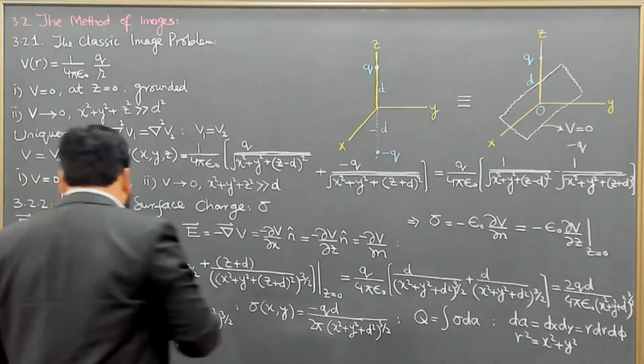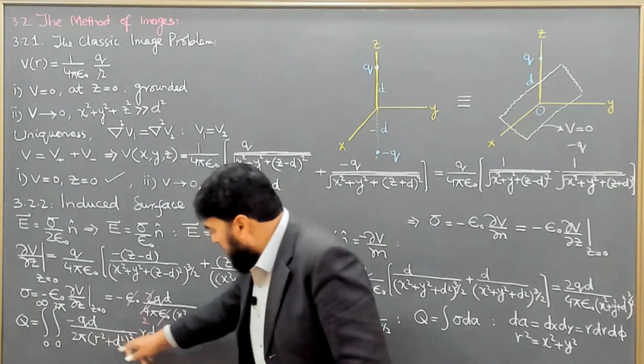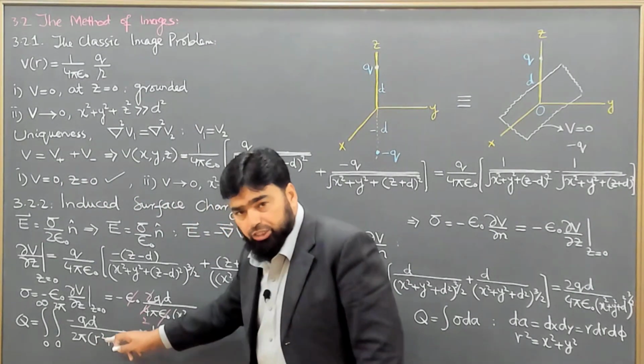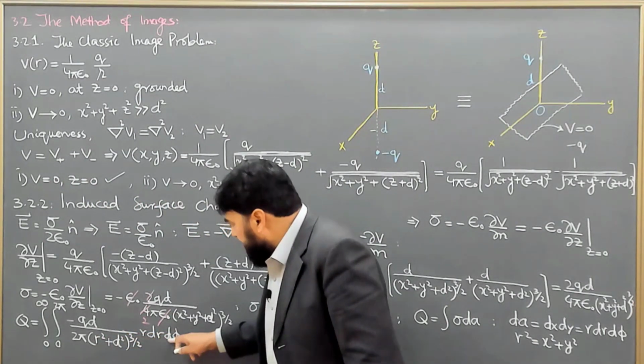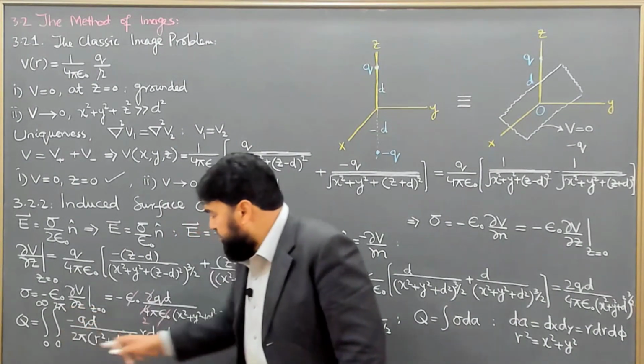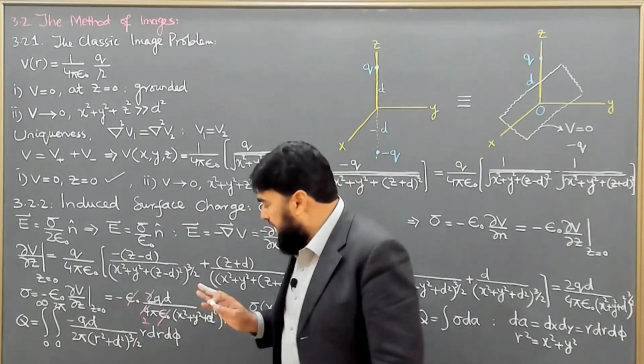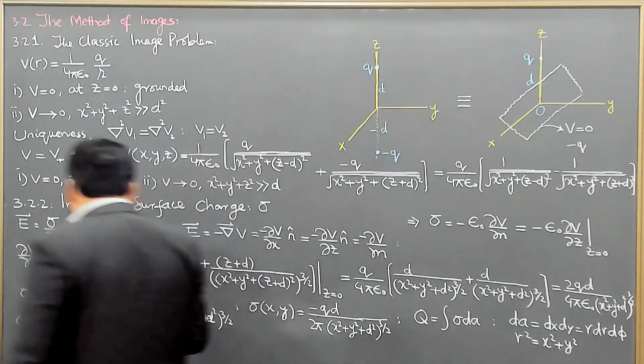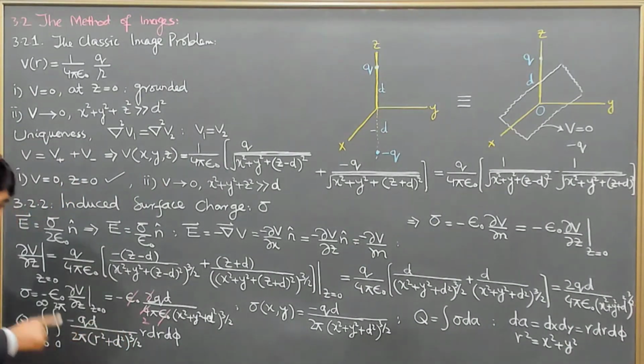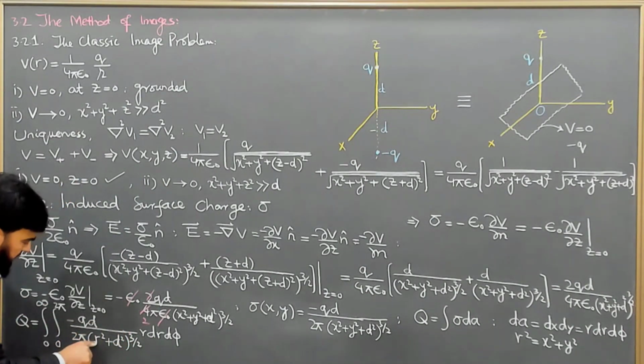Now I know that there is no phi involvement here, so no integration on phi. So d phi when integrated from 0 to 2 pi will just give 2 pi. And when I come here, look that this is r square plus d square.